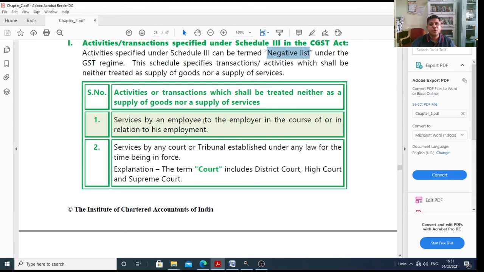Services by the employee to the employer. It means if I do a job in a particular company, whatever service is provided by me to my employer is not considered a supply. Services by court or tribunal. Tribunal means a small court. The court includes district court, high court, supreme court.